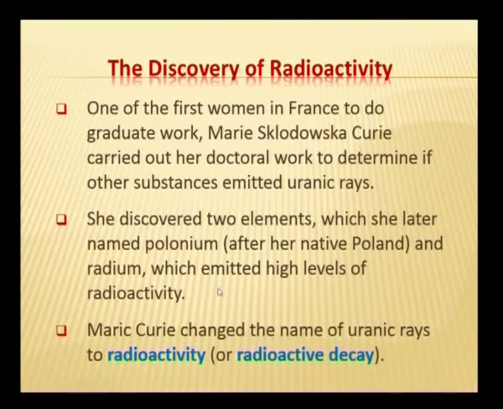She discovered 2 new elements, which she later named polonium after her native Poland, and radium, which emitted high levels of radioactivity. Marie Curie changed the name of uranic rays, as I told you, to radioactivity or radioactive decay.